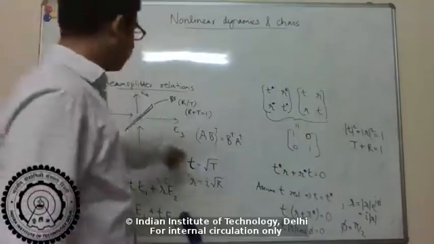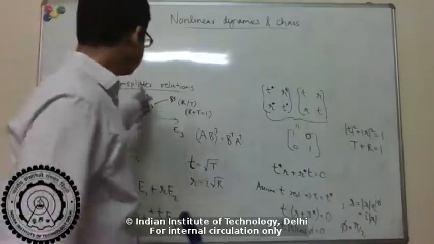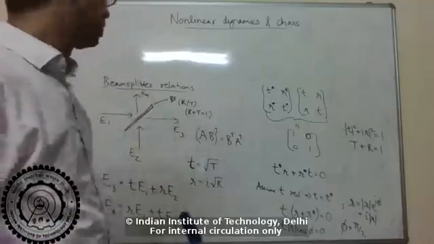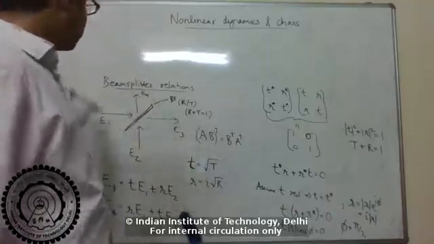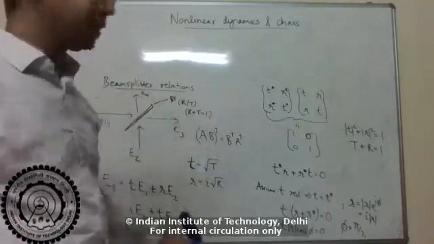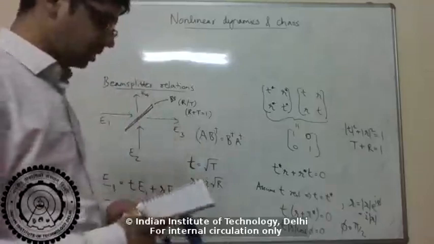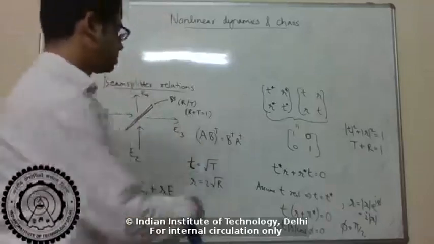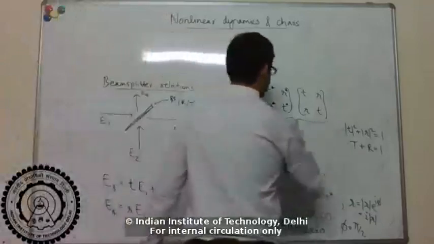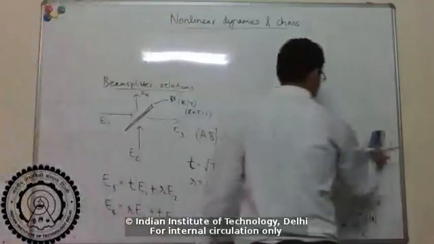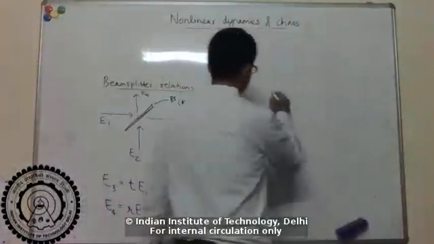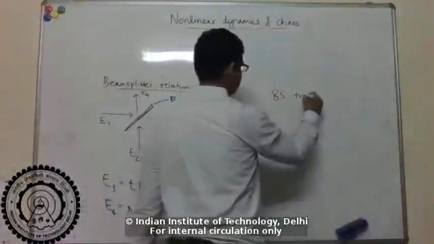In other words, there is a pi by 2 phase shift between the reflected and transmitted amplitudes for a beam splitter, which may not be obvious in the beginning when you just look at it, but it's actually very important. So the beam splitter transform matrix.